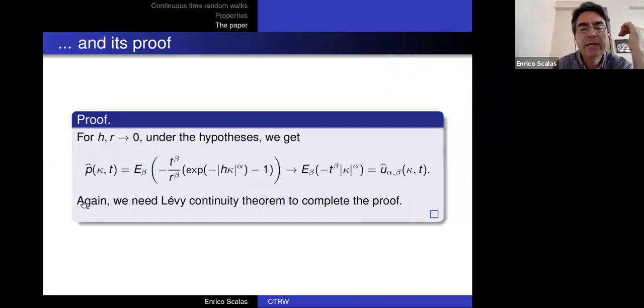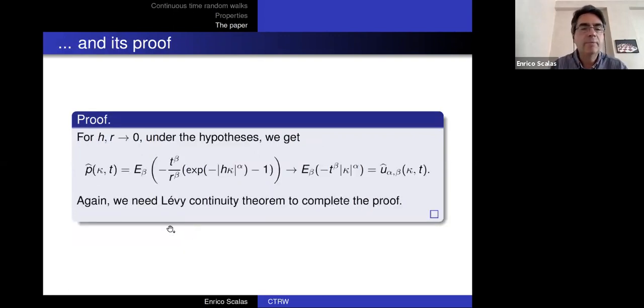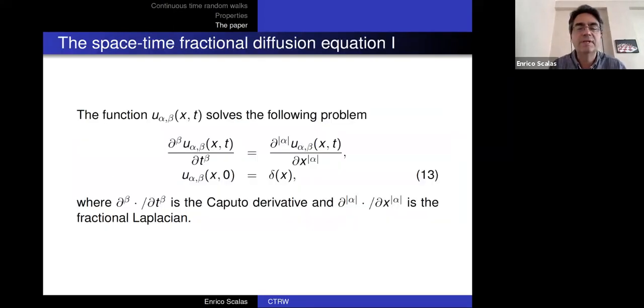But let me say again that we need this Levy continuity theorem to complete the proof and say that this limit is true also for this. And maybe here I will have to tweak a bit this presentation because here it should be P_HR, so with subscript HR, just to be more precise.